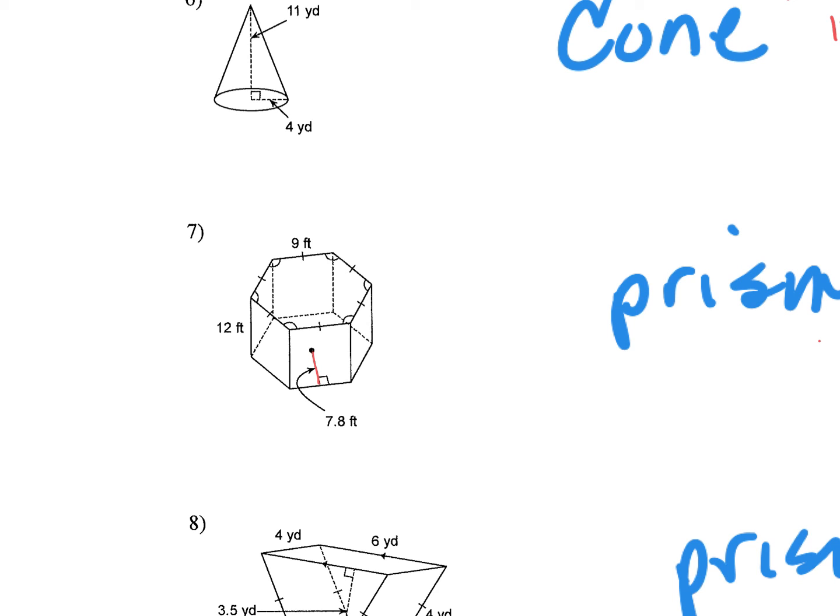When you look at the area of a regular polygon, you see the formula 1/2 big P little a, right? The a is called the apothem, and it's that little piece that's right there. So that's going to be your a, 7.8.